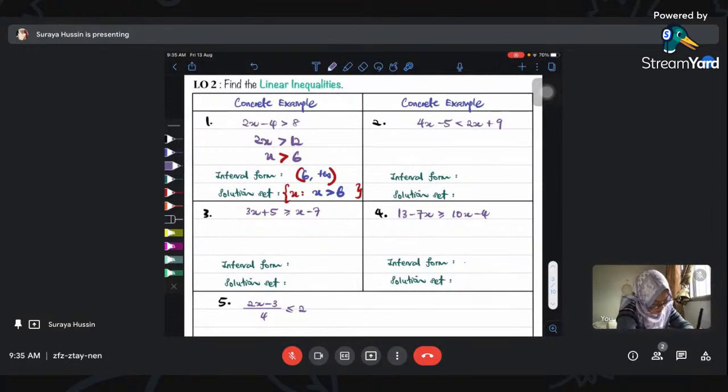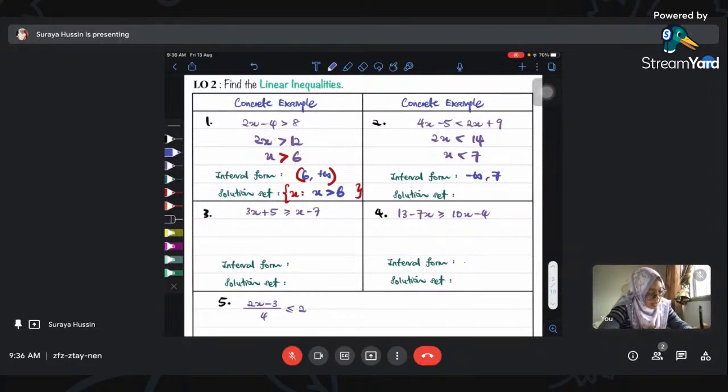Okay. So here I got 2x less than 14. So x is less than 7. So now x less than 7 means going to the negative infinity until 7, but 7 is not included.